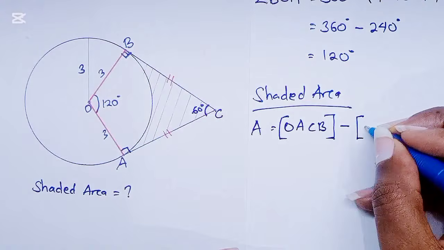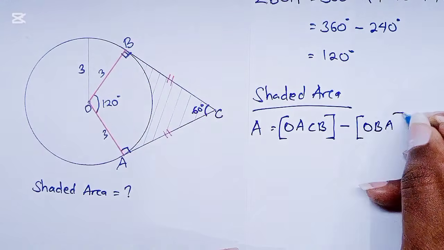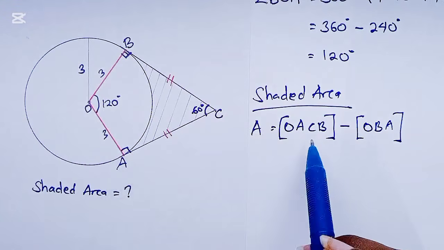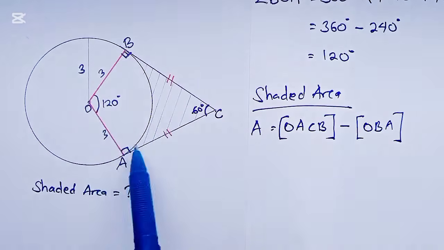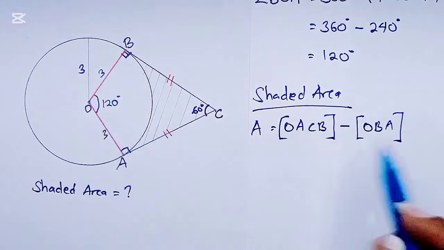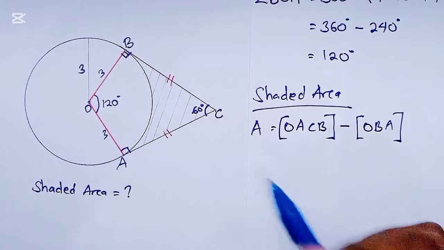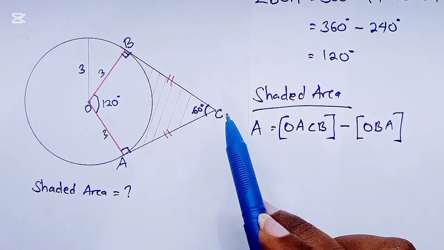So we have to find the area of the quadrilateral OACB and the area of the sector OBA to be able to find the area of the shaded region.